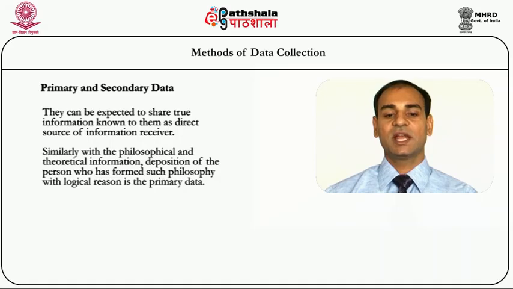Similarly, with philosophical and theoretical information, the deposition of a person who has such a philosophical or theoretical concept, he can share that concept formed by him, and that shall be considered as primary data.